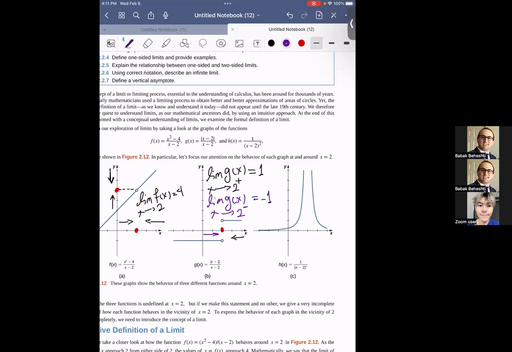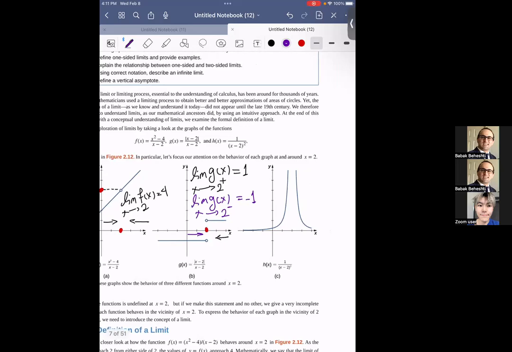So as you see here, the right-hand side limit is different from the left side limit. In this case, we say that the limit doesn't exist. The right side and left side limits exist, but they are not equal, so the limit in general doesn't exist.